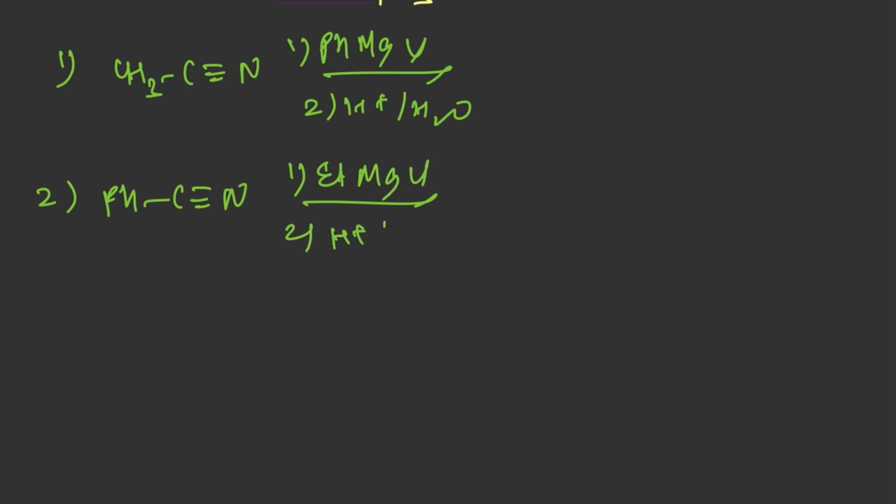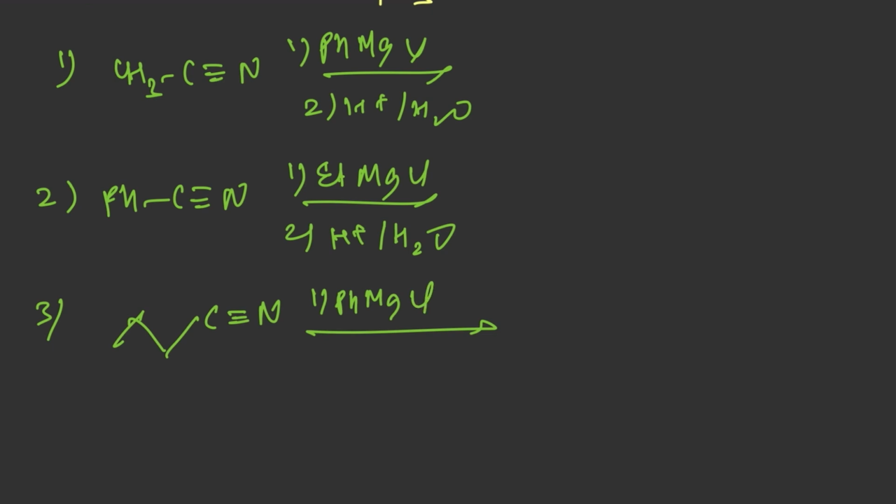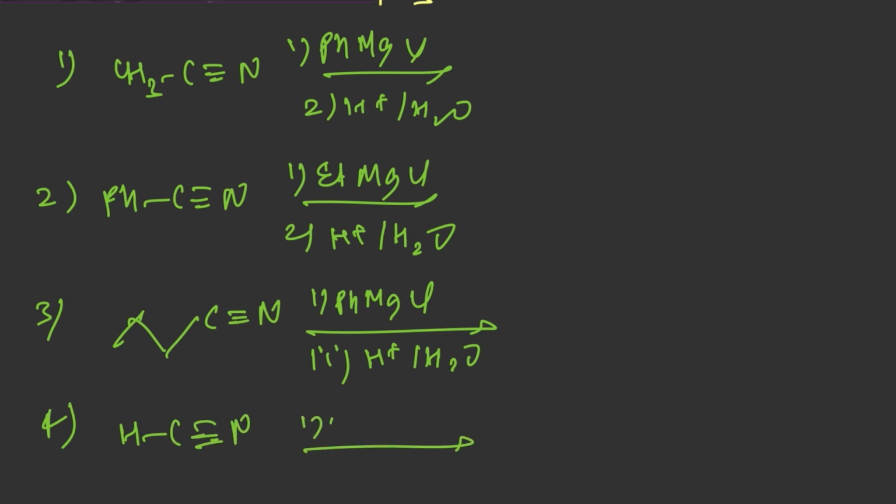Third we have C≡N reacting with PhMgCl, second H+/H2O. Fourth we have hydrogen cyanide reacting with EtMgCl, second H+/H2O. Try the question on your own, pause the video and try to answer by yourself.